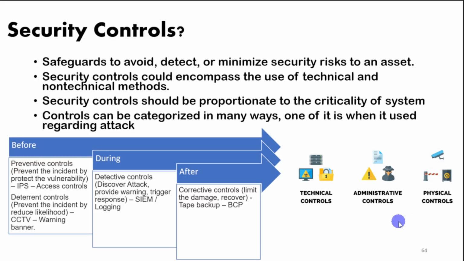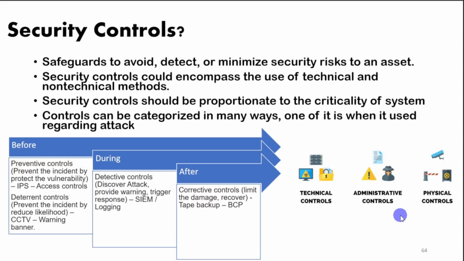A background check is a process that the human resources team does when they are trying to hire a new employee, to ensure the integrity of this employee, whether they are an honest person or not, and so on. This is a kind of administrative control. Having a policy in place that describes good actions or good behavior is also a kind of administrative control.